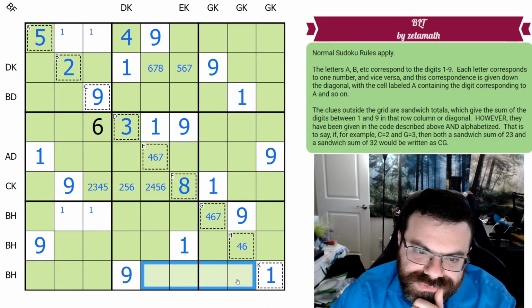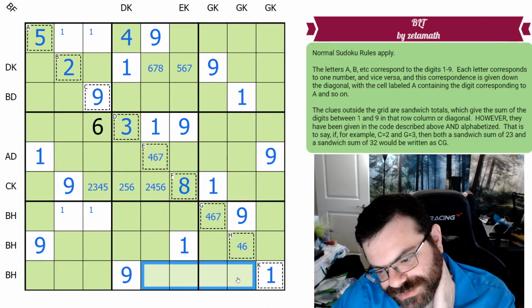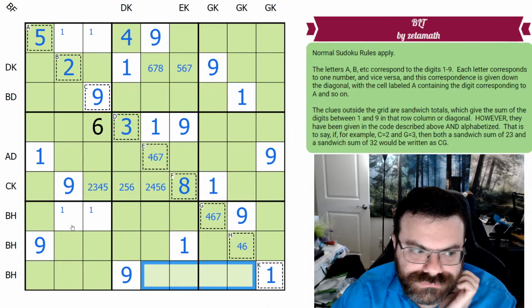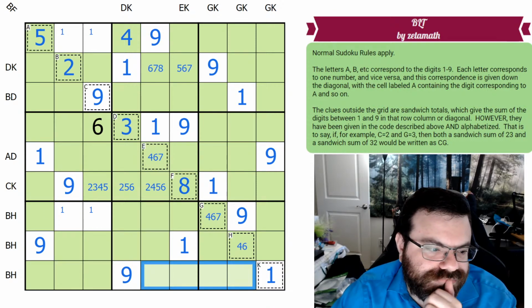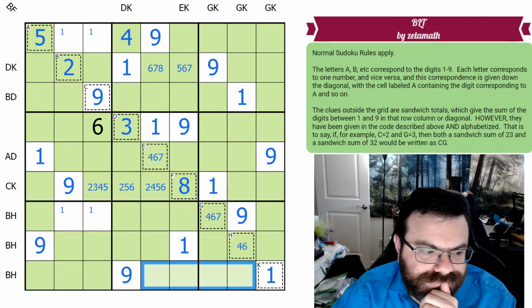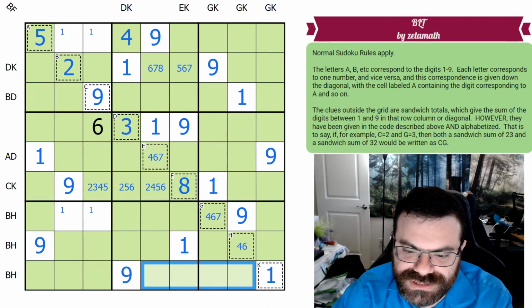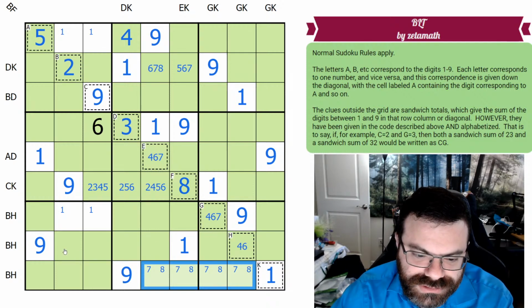BH is either 24 or 26. Yeah, so it's 3, 6, 7, 8, or 4, 5, 7, 8. So we have a 7 and 8 in here. We also have a 7, 8 in here.